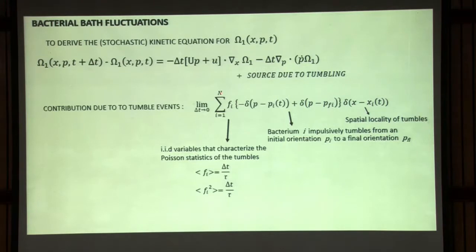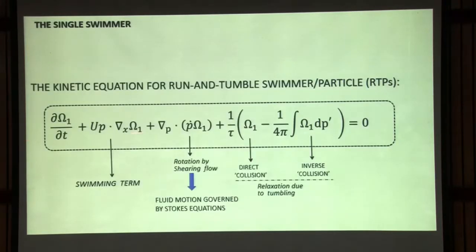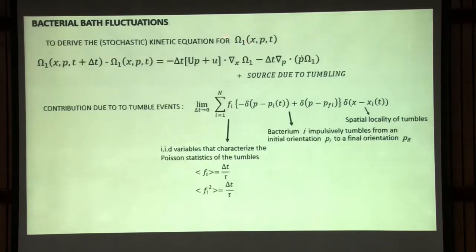So if I do that, then I have a fluctuating source here. So what I can do is, if I just substitute the average of f, which is delta t by tau, then I get back this equation, which we had already seen. But this equation contains more information because it also contains the fluctuations of that random variable.